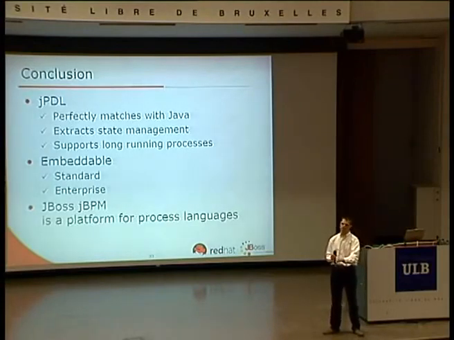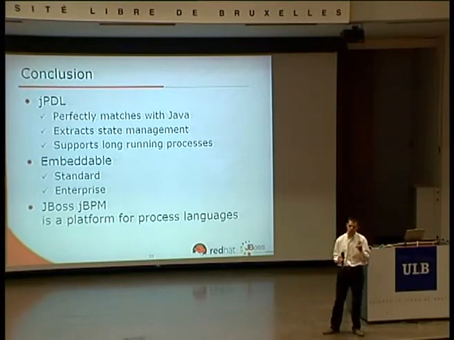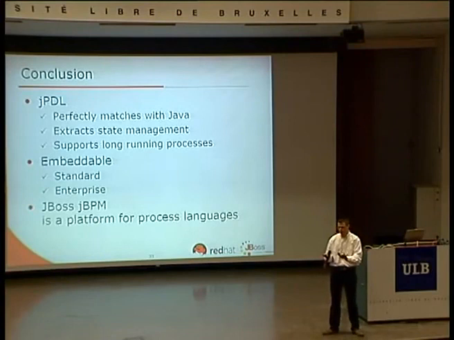So there are a number of standardization efforts in place. XPDL with the Workflow Management Coalition is another one, and they have been working on this for a longer time. So those are two process languages. They specify the XML in which you express the process, right? So those are existing standardizations.